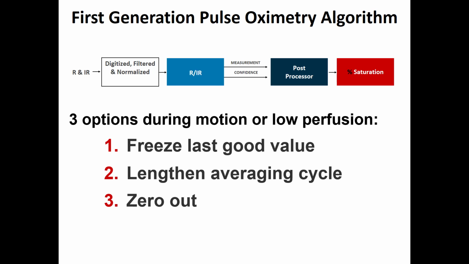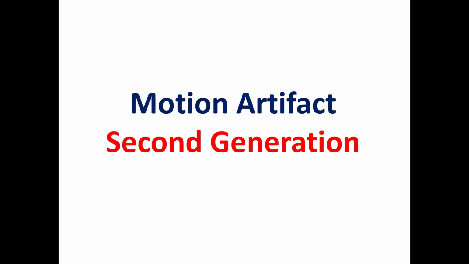So in the first generation, the manufacturers used one of these three methods: either freezing the last good value, or taking the average over a longer period, or just putting a zero value to address being unable to read the SpO2 in case of, as we said, low perfusion and motion.